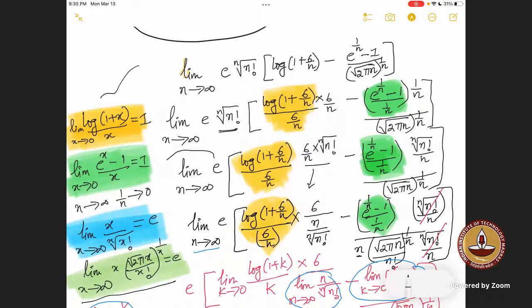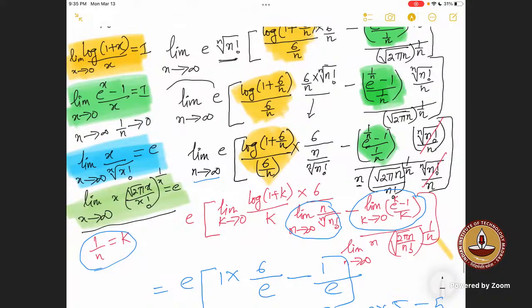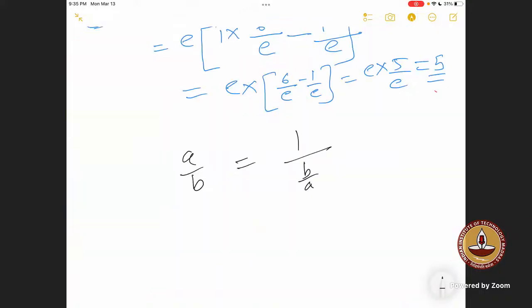Acha. Like, see, this part are you talking? Are you talking of this part? Yeah. It is something like this, right? Let me write like this. So if it is a by b, I can write it as 1 by b by a, right? Those who don't have a query, please mute yourself.